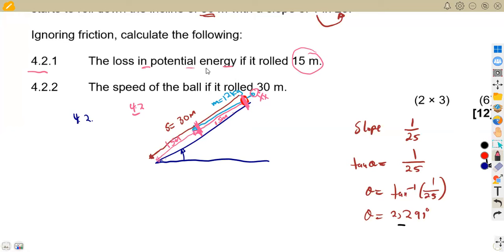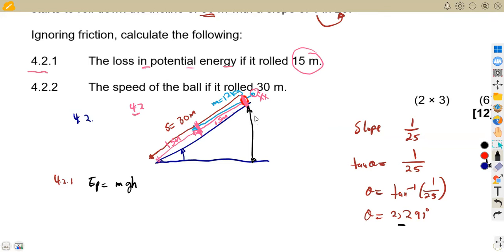So take note of our information. For the 15 meters, but before it was 30 meters, the distance that you're given. Knowing that our potential energy can be calculated, remember, that's 4.21 here, we have mgh in this case. But take note of the height that you're supposed to take.